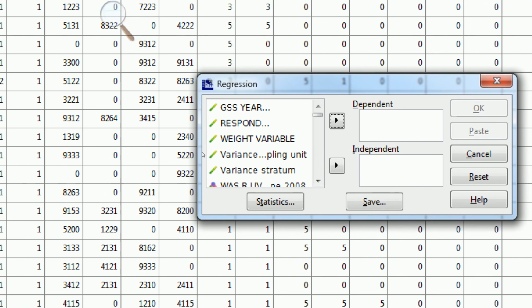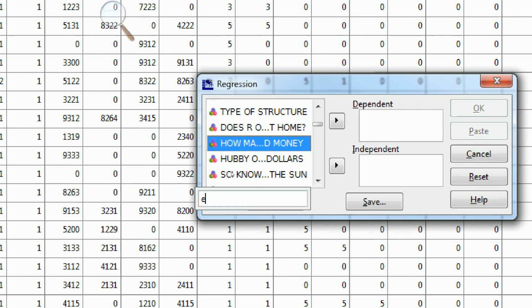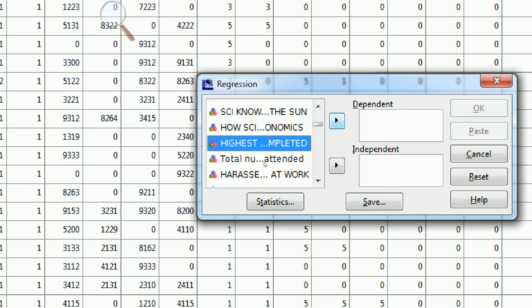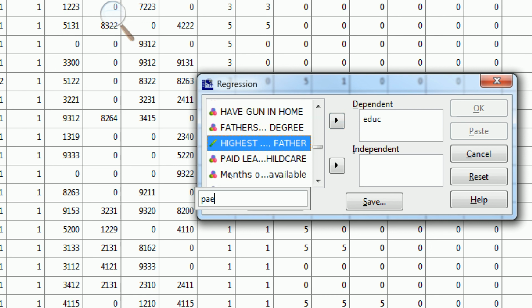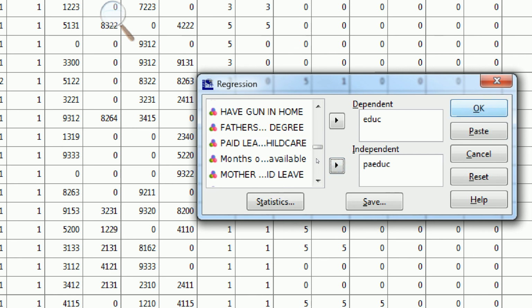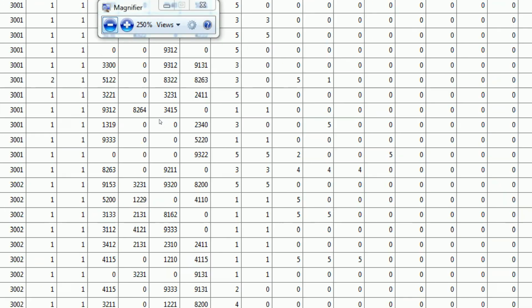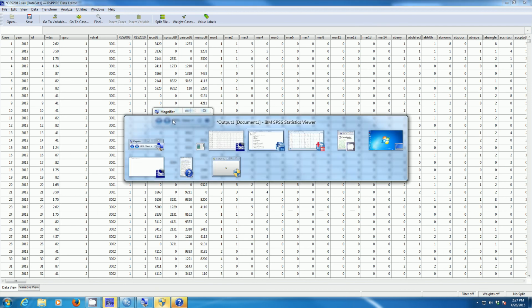And we just type in our independent and dependent variables. Remember that the independent variable is father's education, and the dependent variable is education. So I'm going to move education here, father's education here, and we'll click OK, and PSPP will make the same tables that SPSS made.